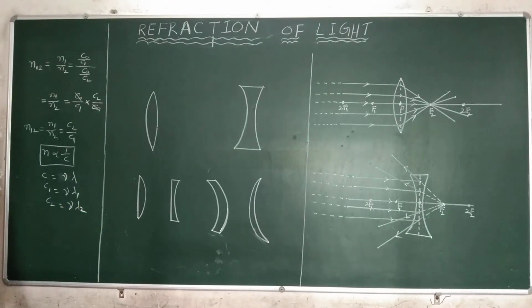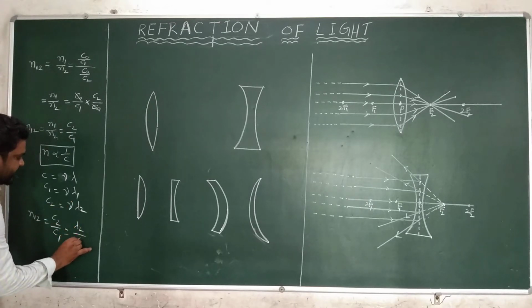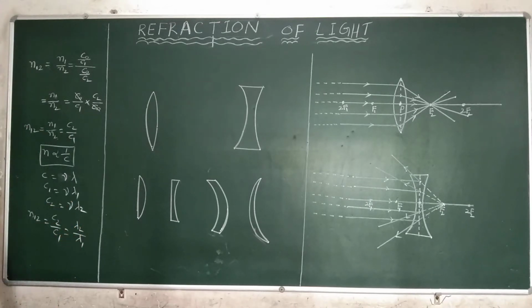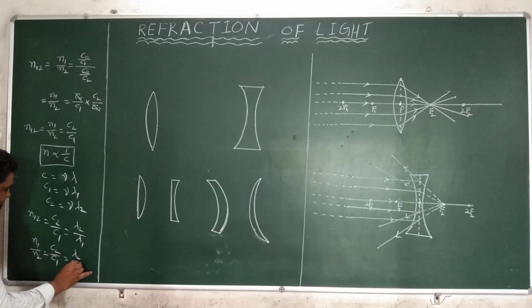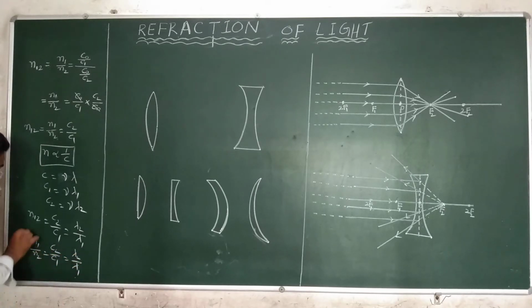So from this, n12 equals c2 by c1, which equals lambda2 divided by lambda1. So n1 by n2 equals c2 by c1 equals lambda2 by lambda1.